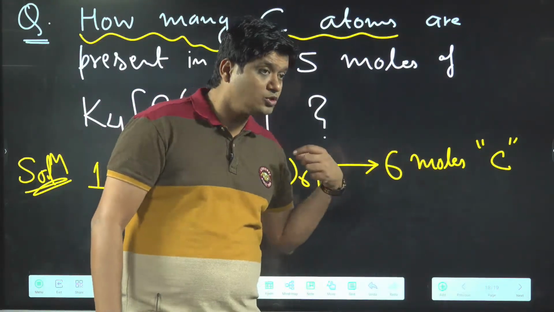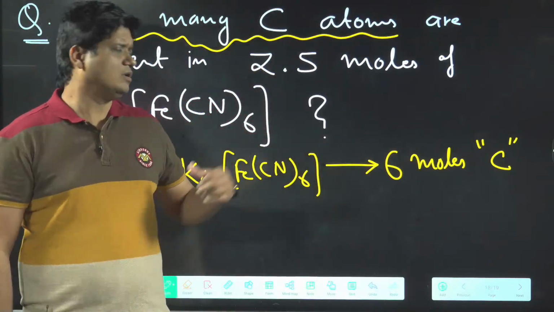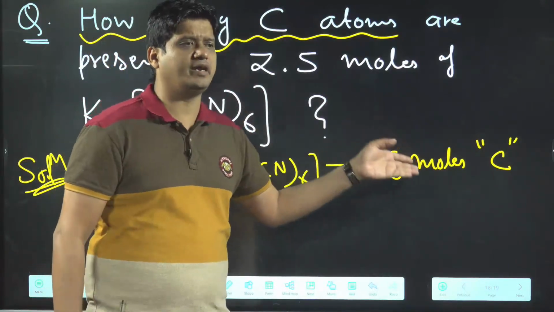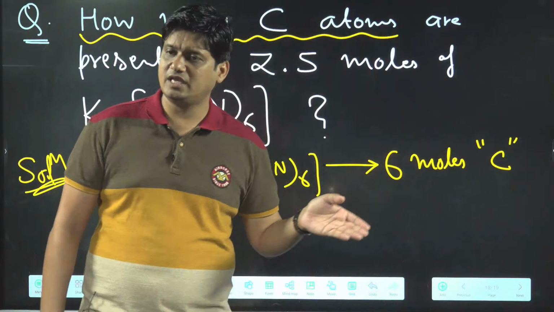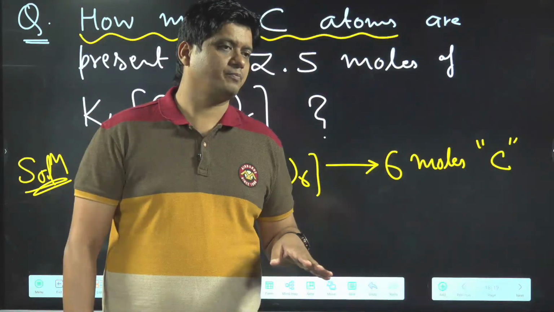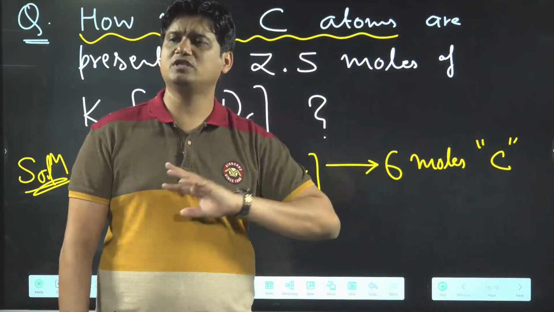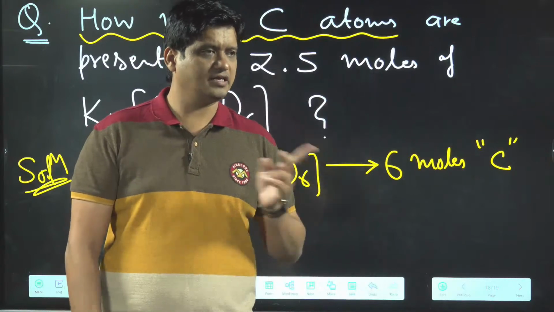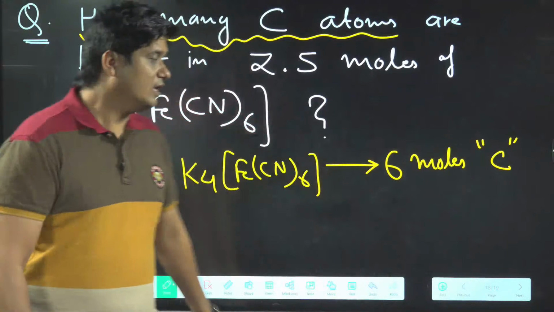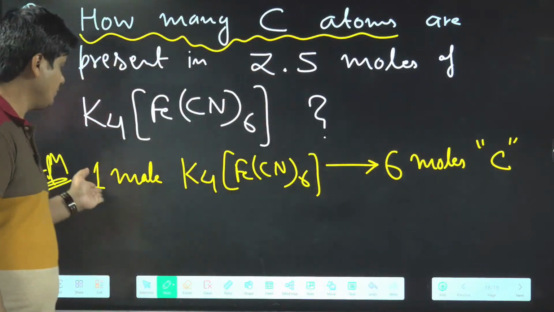This is the most common mistake students make: taking mole on the left hand side and number on the right, or number on the left and mole on the right. If they do this, they will get -1. So always remember, mole or number, both sides should be the same. Either mole or number, it doesn't matter. Since mole is given to you, I have taken mole.